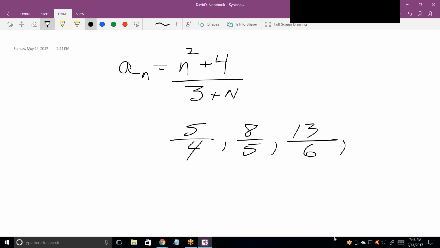When n is 4, now we got 20 in the numerator and 7 in the denominator. Notice the denominators are growing by 1. The numerator is growing by 3, 5, 7. So if the numerators are growing that much faster than the denominators, then this sequence is not going to converge to a given number, like E.